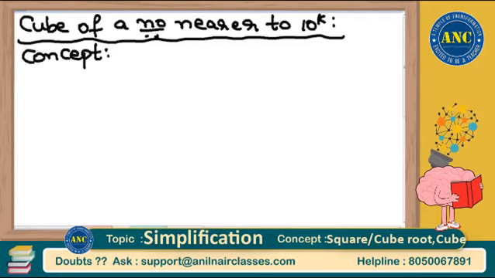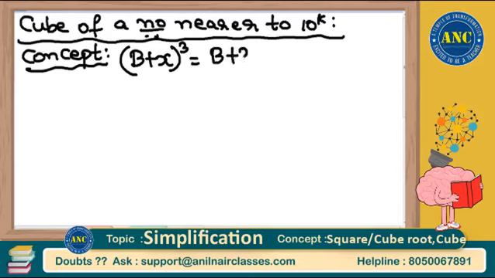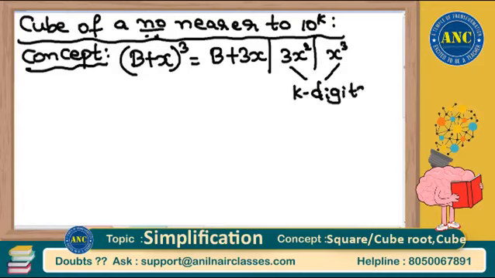Very, very easily. The concept used here is (b plus x) whole cube. (b plus x) whole cube is given by b plus 3x slash 3x square slash x cube, where x cube and 3x square, the last two positions, should have k digits. Sir, what is this k?